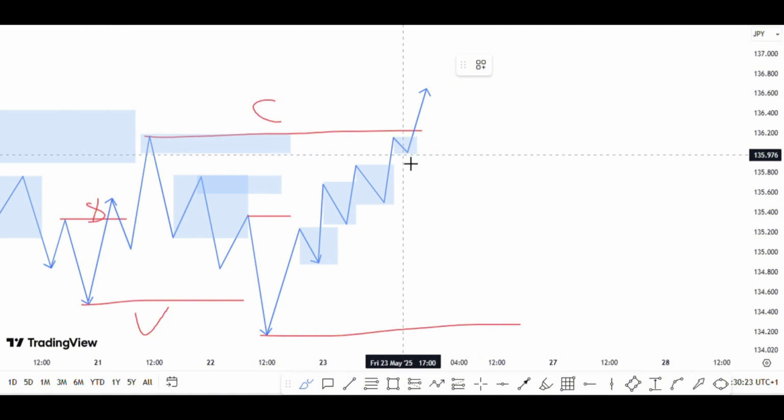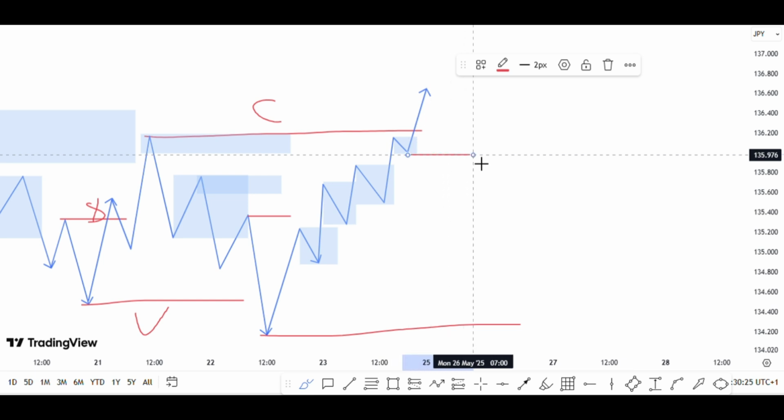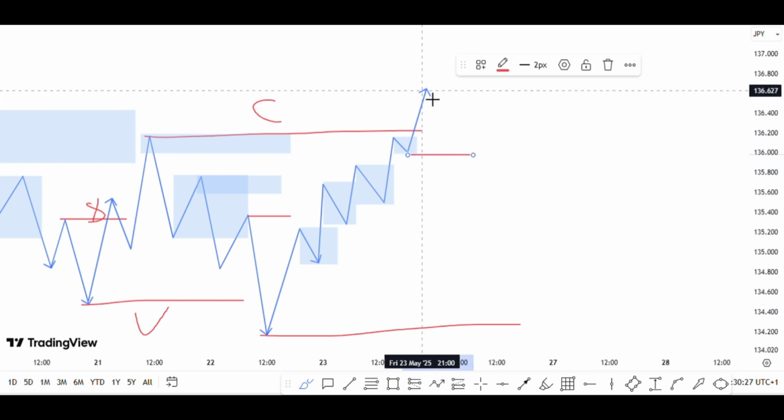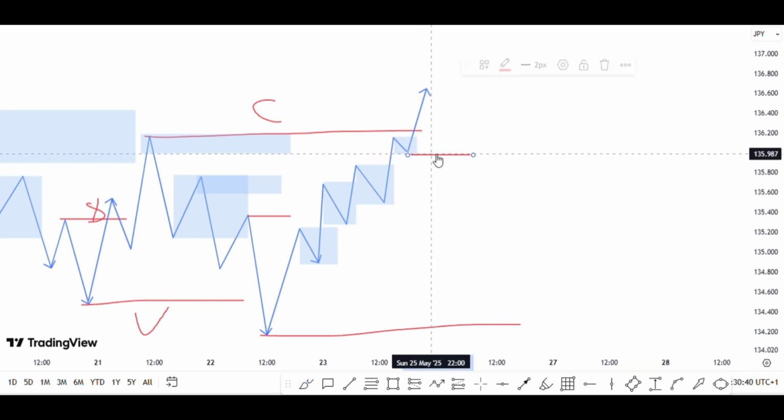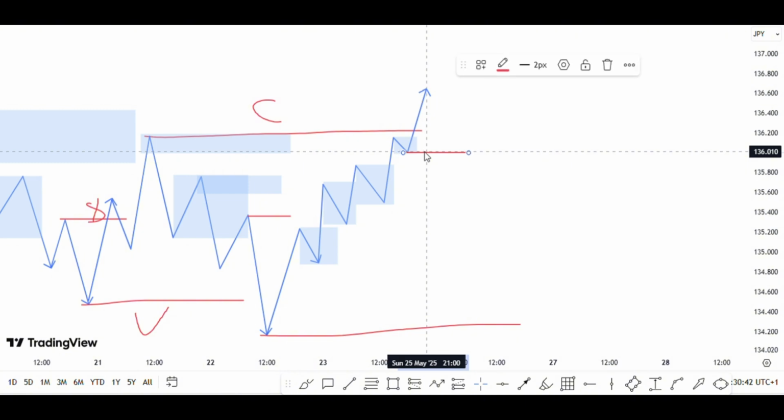Once you mark the inducement, as I explained, any other flow above it, in this situation above, not below, is classified as a smart money trap. You understand?